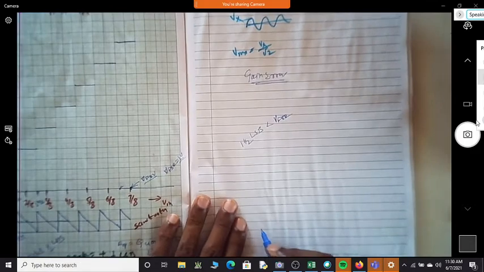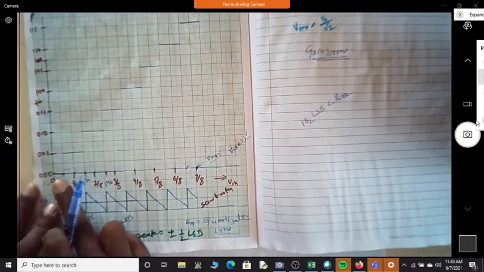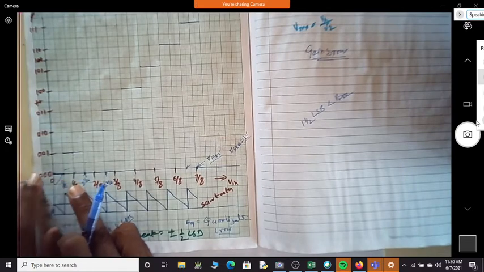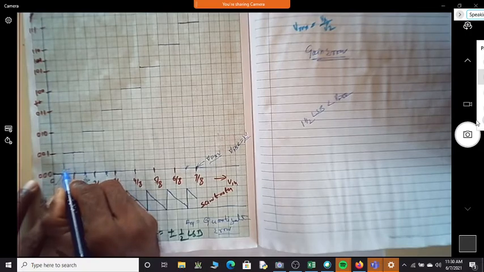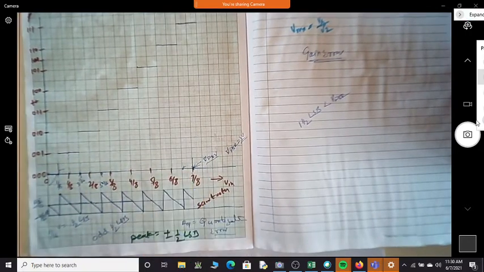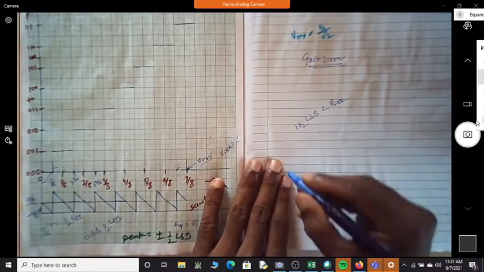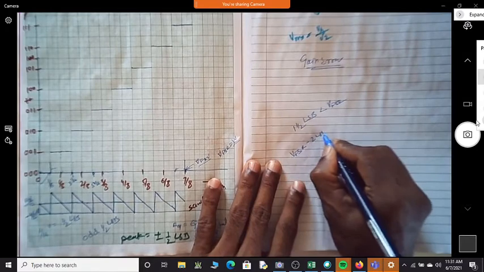Now, where is your first transition happening? At half LSB, after zero. Between the first and the last transition, how much is the difference? Is it equal to VFSR minus 2 LSB?